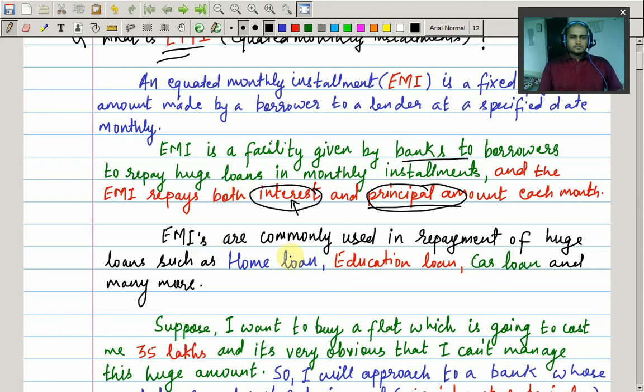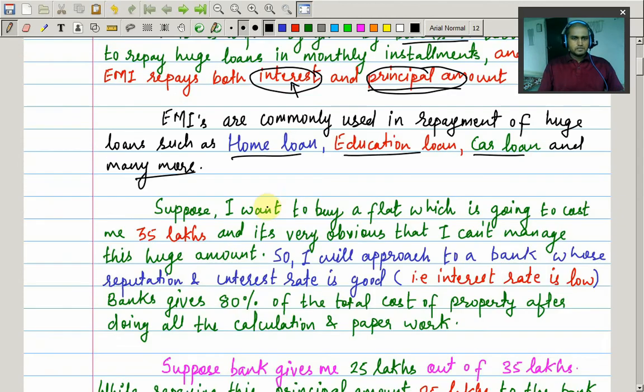So EMIs are commonly used in repayment of huge loans such as home loans, education loans, car loans, and many more. Let's understand this with an example. Suppose I want to buy a flat which is going to cost me 35 lakhs, and it's very obvious that I cannot manage this huge amount.